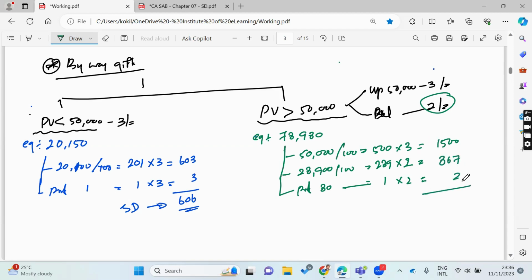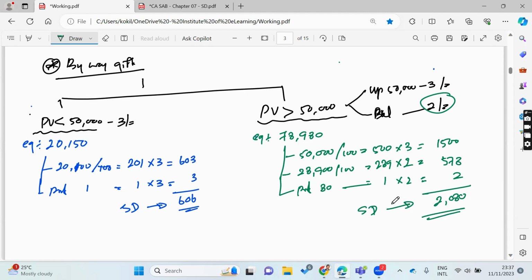Here also 2. So 289 multiplied by 2, you will get 578. Here 2. Altogether 1500 plus 578 plus 2. Altogether your stamp duty would be 2080. Right? Stamp duty would be 2080.